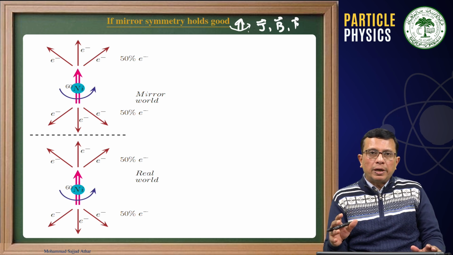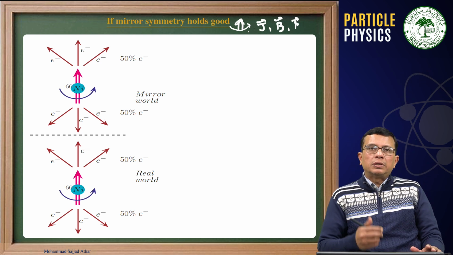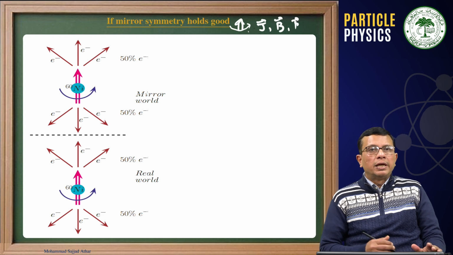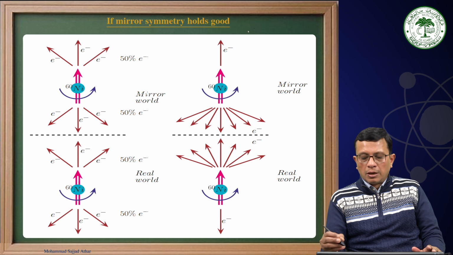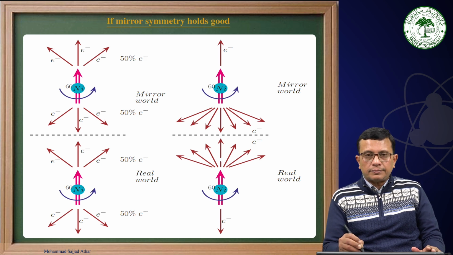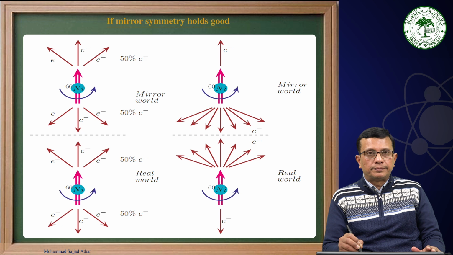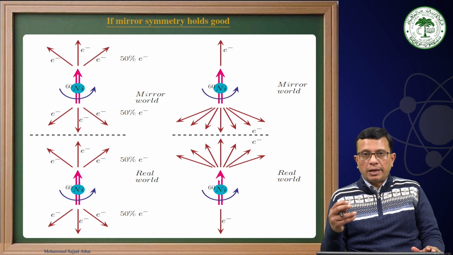Therefore, the important point is that first they thought that if nature obeys mirror symmetry, then in both the northern hemisphere and the southern hemisphere, we should get an equal number of electrons. But when the experiment was performed, they found that the electrons prefer a particular direction, and there are only a few electrons in the opposite direction.